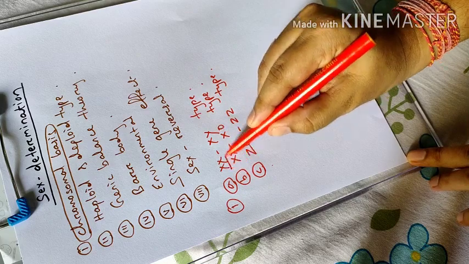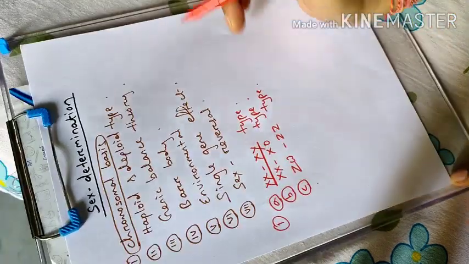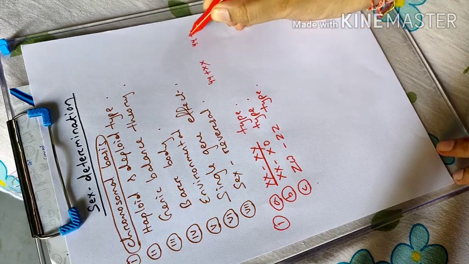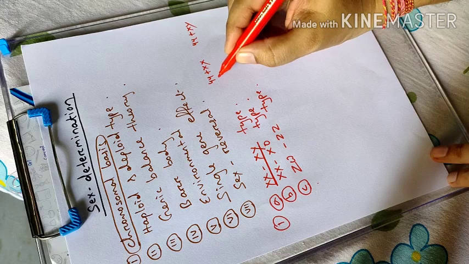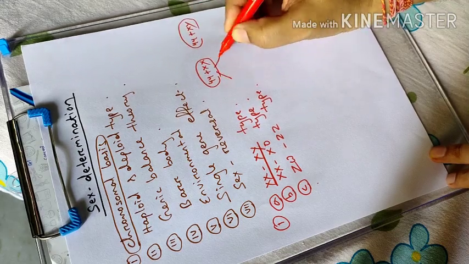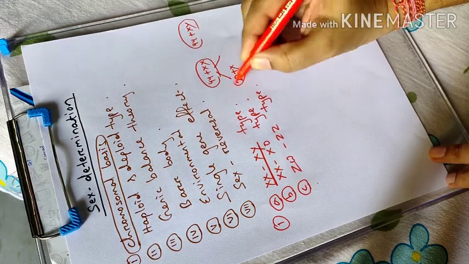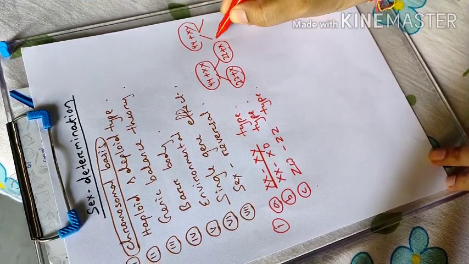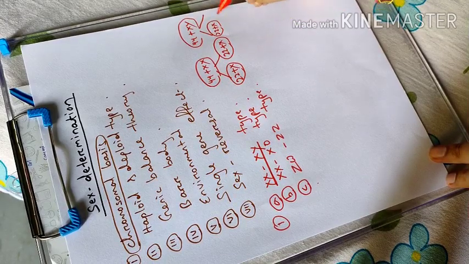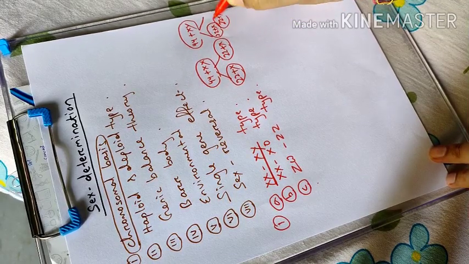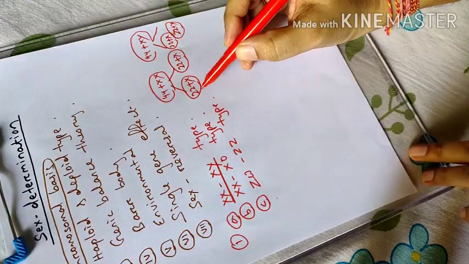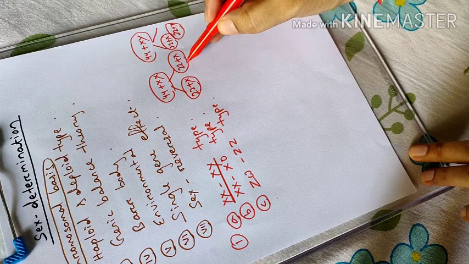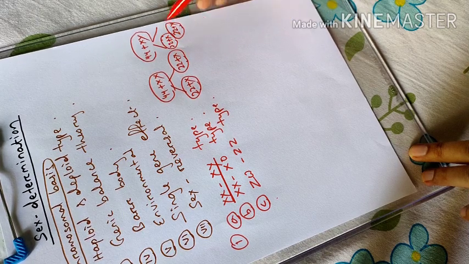Okay, first this XX-XY. We know that 44 plus XX and 44 plus XY. Each has gametes: 22 plus X, 22 plus X, and 22 plus X and 22 plus Y. This gamete only fuses with this gamete and this gamete.